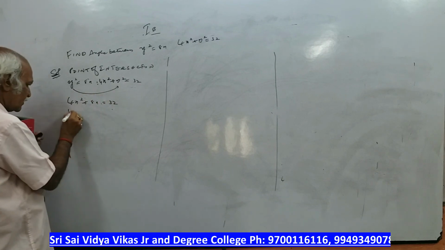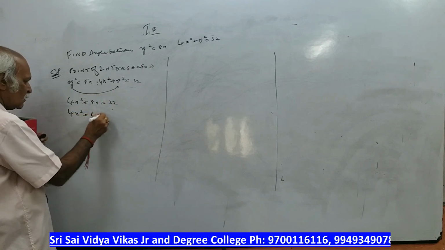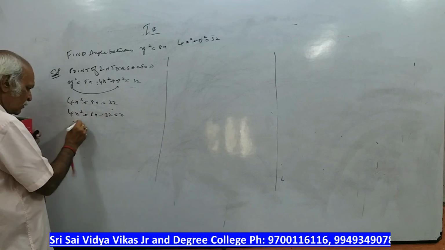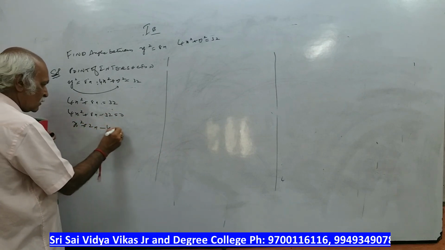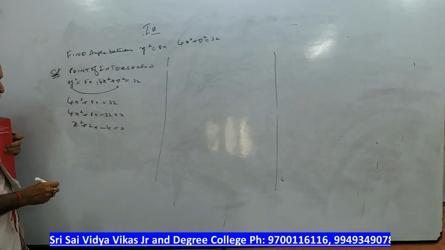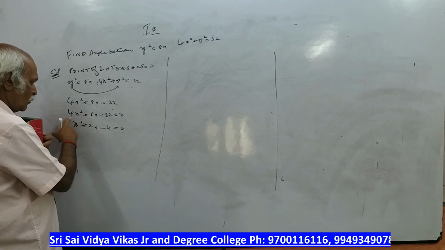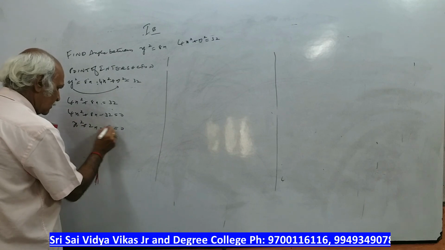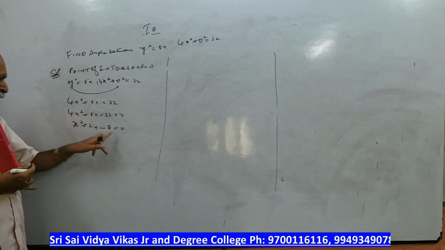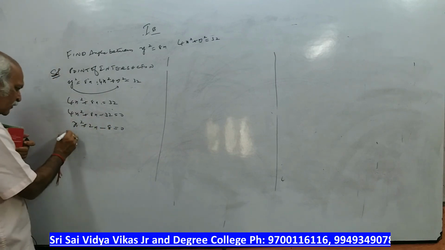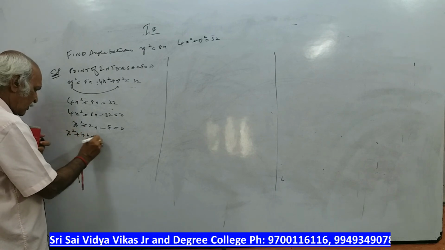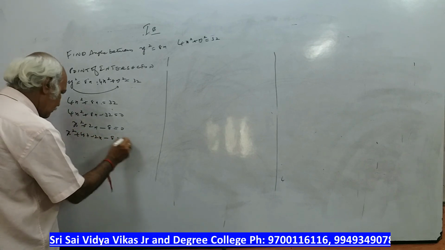So bring the term this side. Cancel with 4 table, 0. So 4 2s are 8. Okay, 4 table, x square plus 2x minus 8.